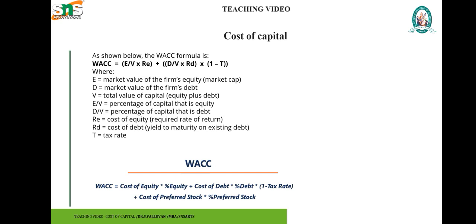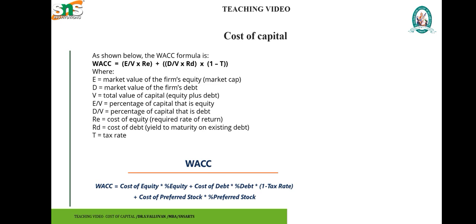V represents the total value of the capital, equity plus debt. E by V represents the percentage of capital that is equity. D by V represents the percentage of capital that is debt. RE represents the cost of equity, that is the required rate of return. RD represents the cost of debt, yield to maturity on existing debt. T is equal to the tax rate.